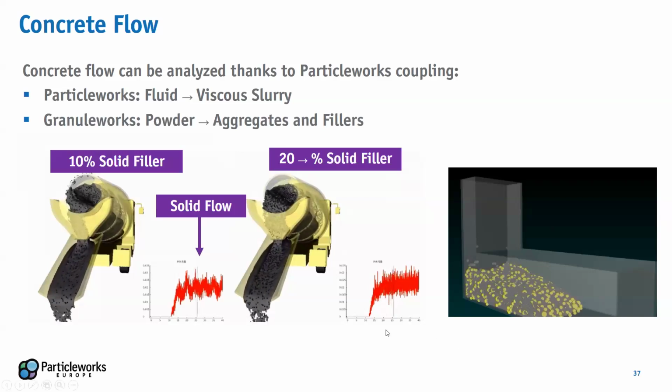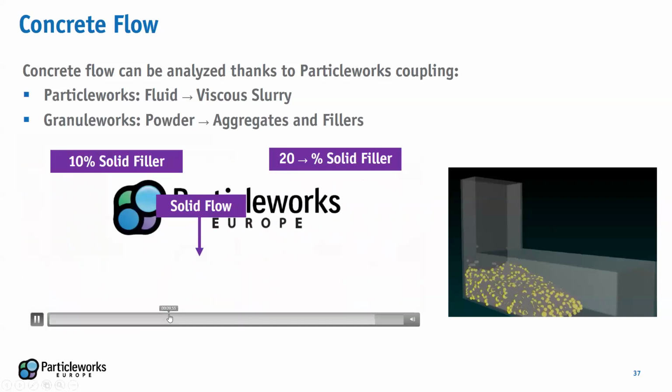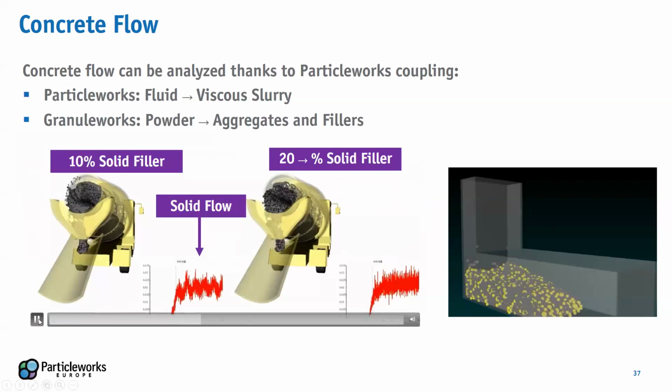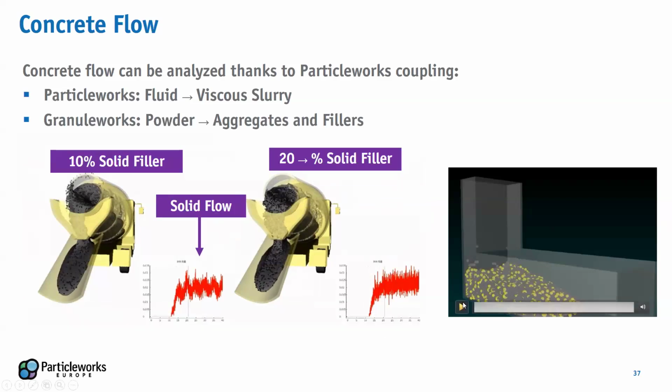And we can see that we have different types of flow depending on the amount of filler we put in the cement phase. And you can also monitor the solid flow rate at different operating points. In this case, it's a cement mixer, but you can also have this kind of flow that could be more for civil engineering applications.